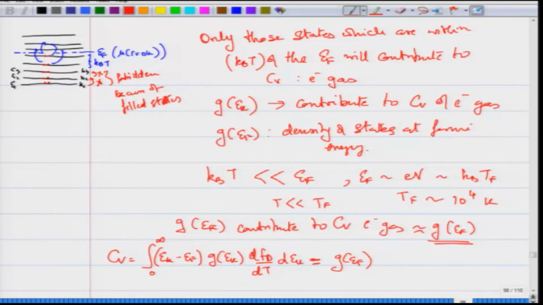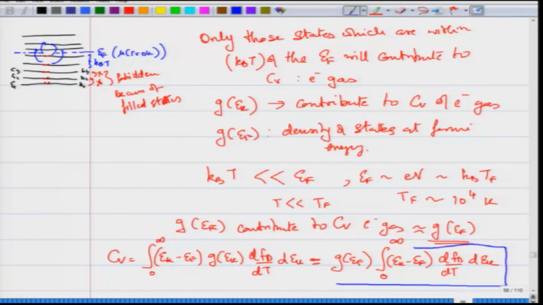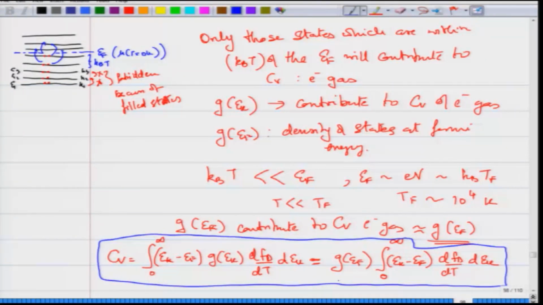So, we can replace this density of states which is entering in the discussion of specific heat, we can take it as approximately the density of states at the Fermi energy, times the integral from 0 to infinity of (Ek minus Ef) dF/dT dEk. This is a very important expression which will help us to calculate the specific heat of the electron gas.